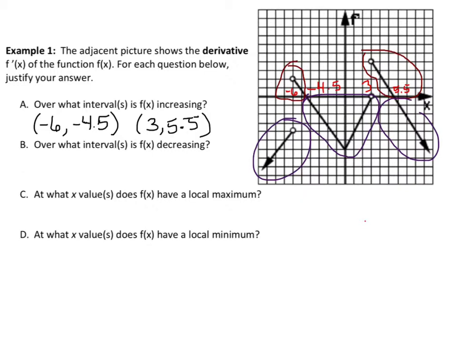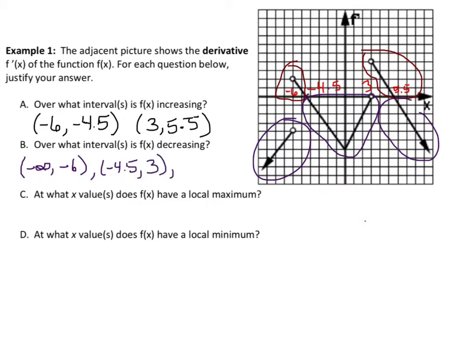So let's say that is from negative infinity to about -6. And let's see here, about -4.5 to 3.